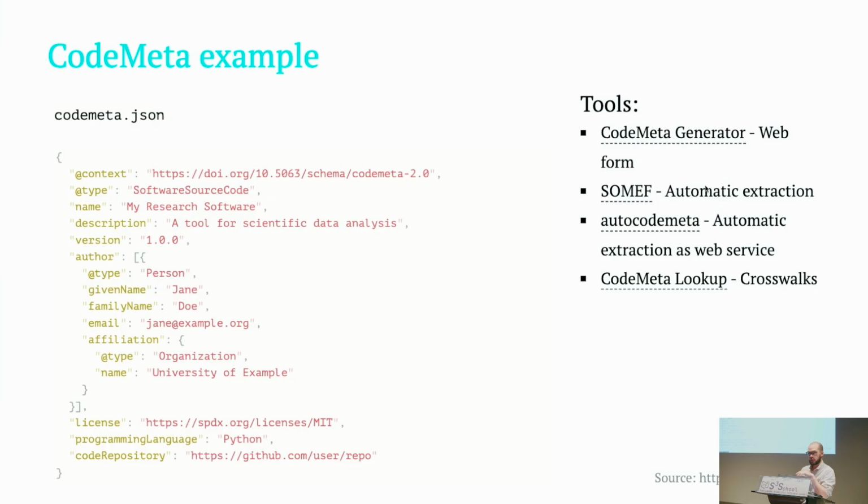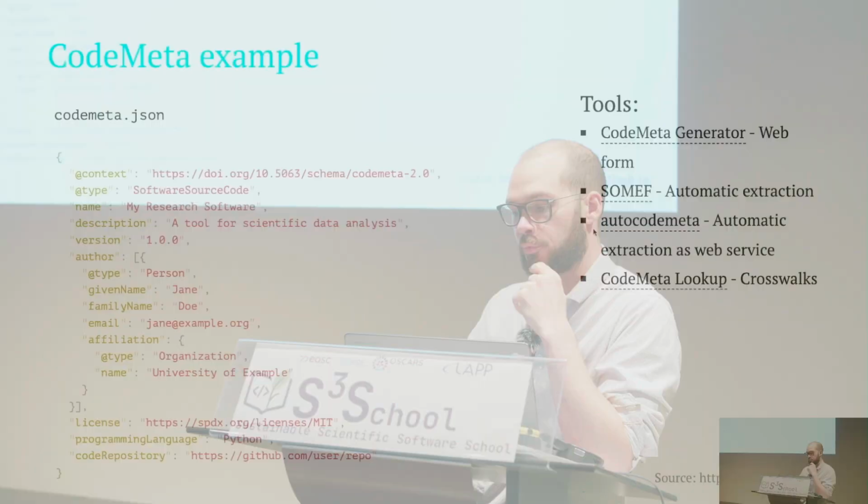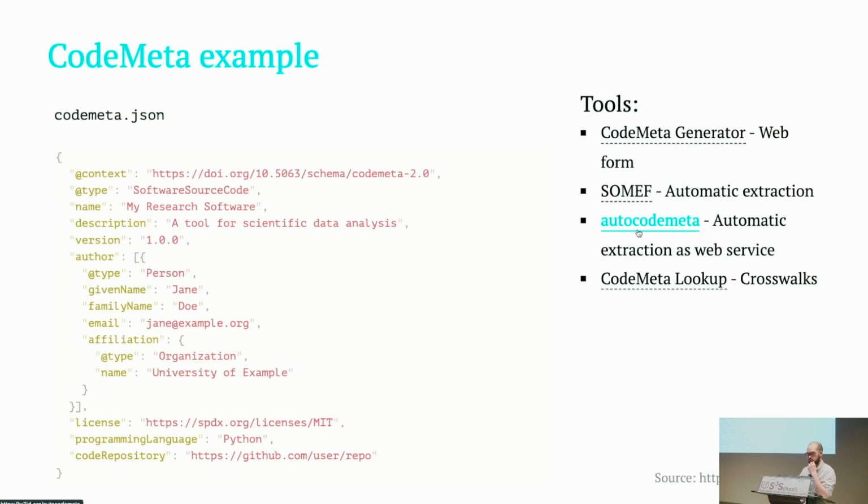Somef is a command line tool that does automatic extraction from the files that you already have, for example, from the pyproject.toml or from the GitHub API. And AutoCodeMeta is based on Somef, but it's a web service, so we'll use that just after, actually. And you have some lookup tables to crosswalk from different formats to CodeMeta.